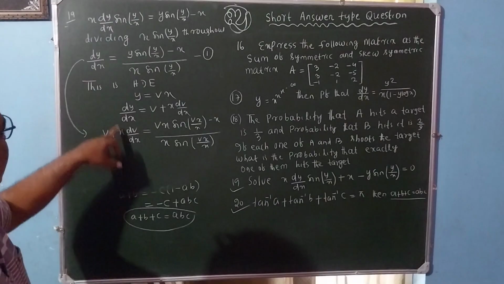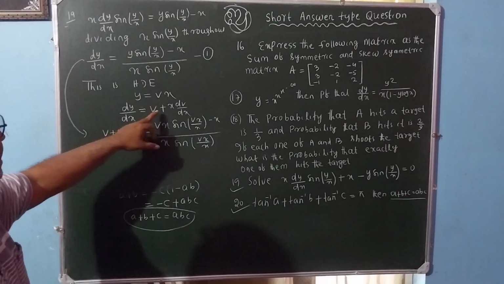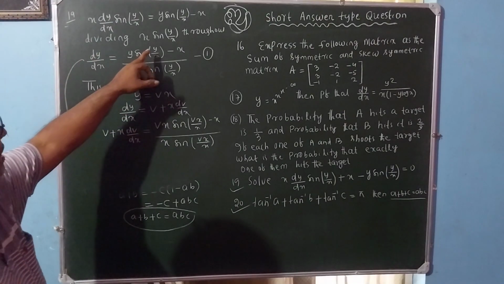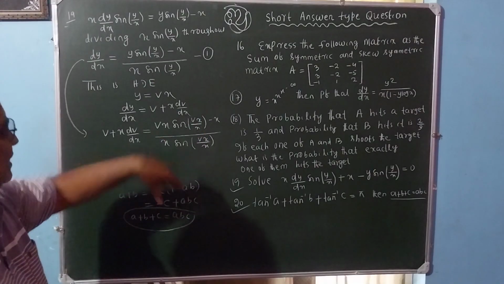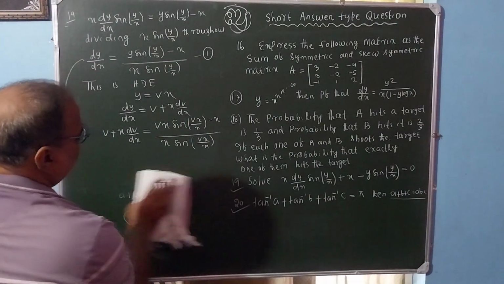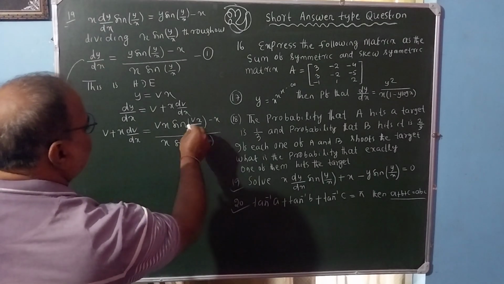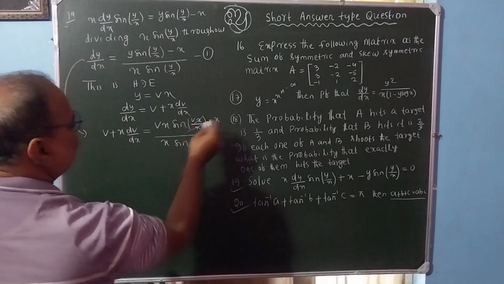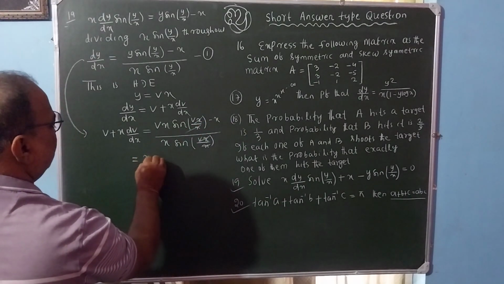So in equation 1, in place of dy by dx we put this, and in place of y we put Vx. Then take x common, x cancels.